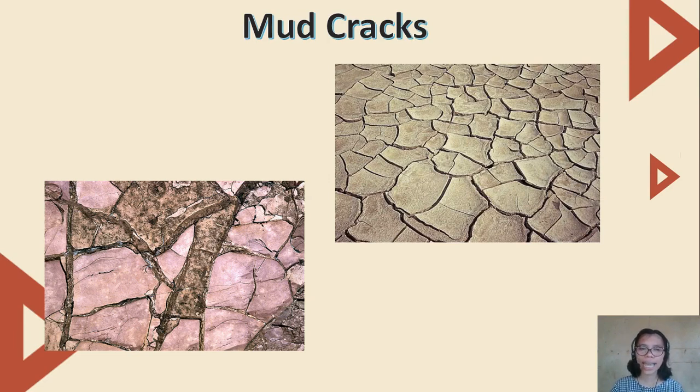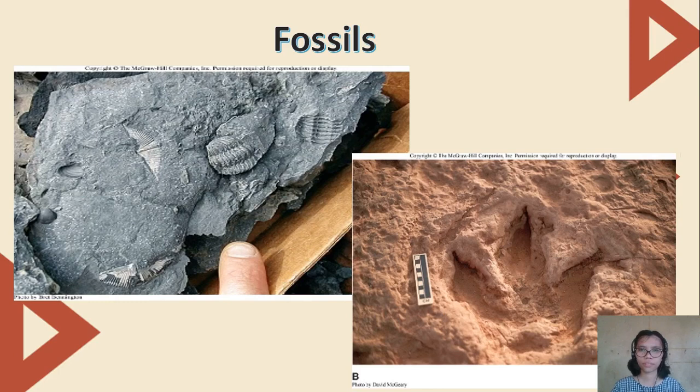When clay rich sediments dry, they shrink and crack into polygonal patterns bounded by fractures. Okay, next we have fossils. Traces of plants or animals preserved in a sedimentary rock, as you can see in the picture.